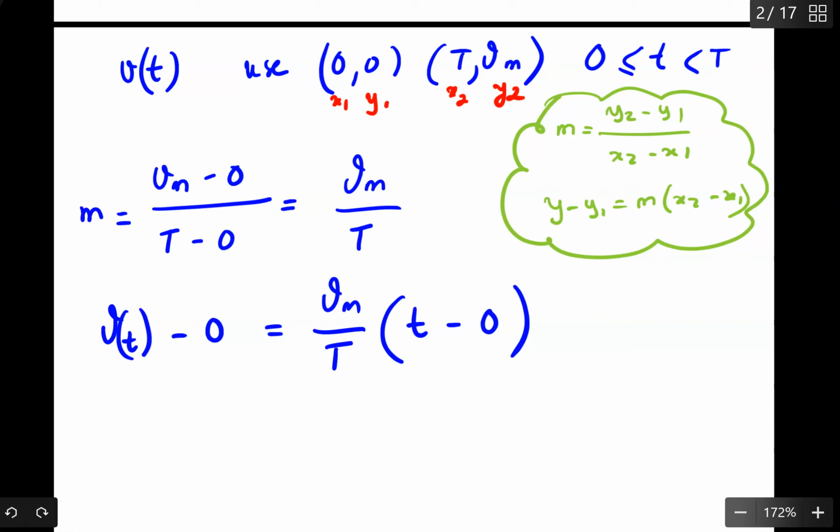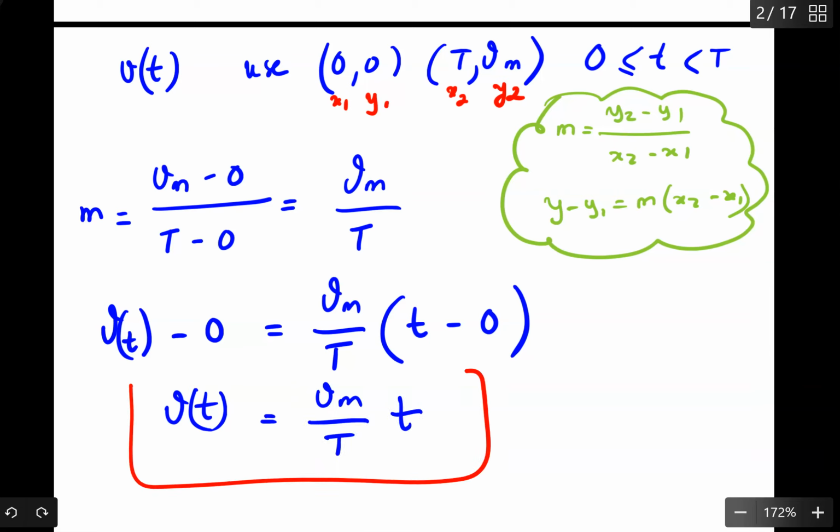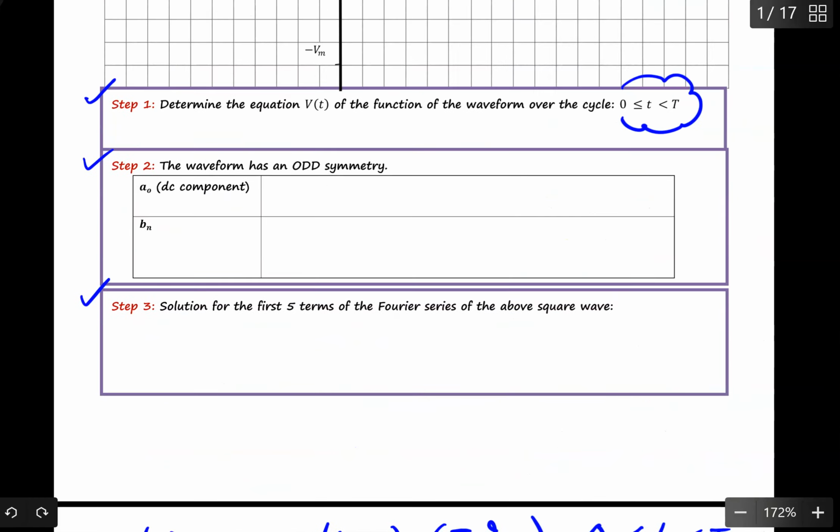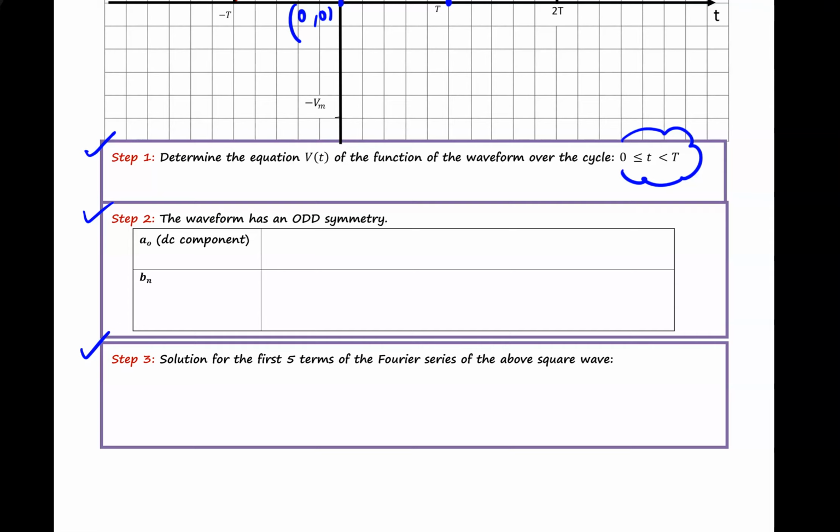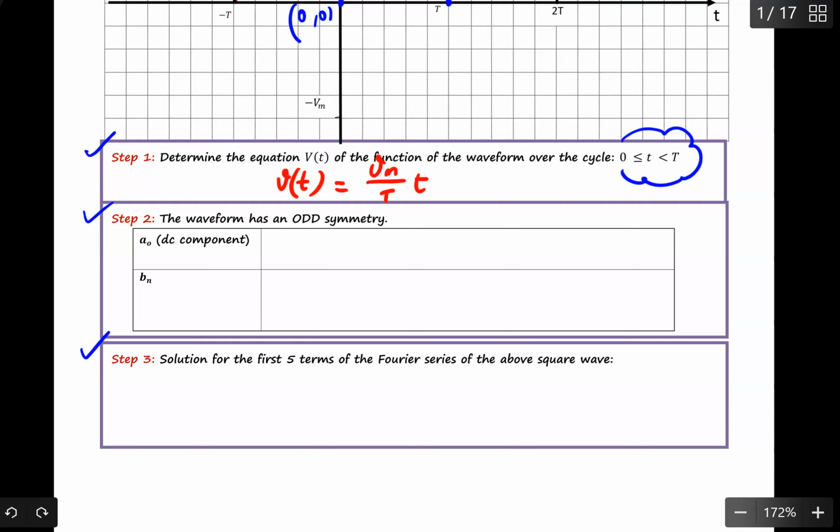So V(t) will be equal to Vmax over T times t. This is the equation that I found, and it's very important, so keep that in mind. The equation we found is V(t) equal to Vmax divided by period T times t within this period.